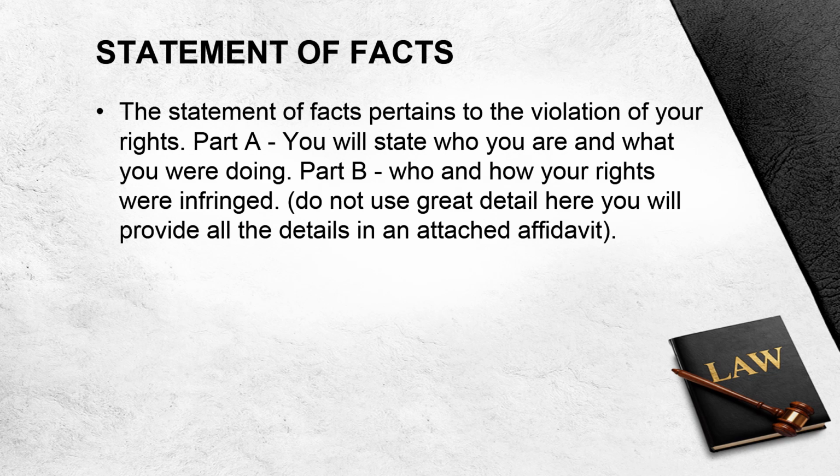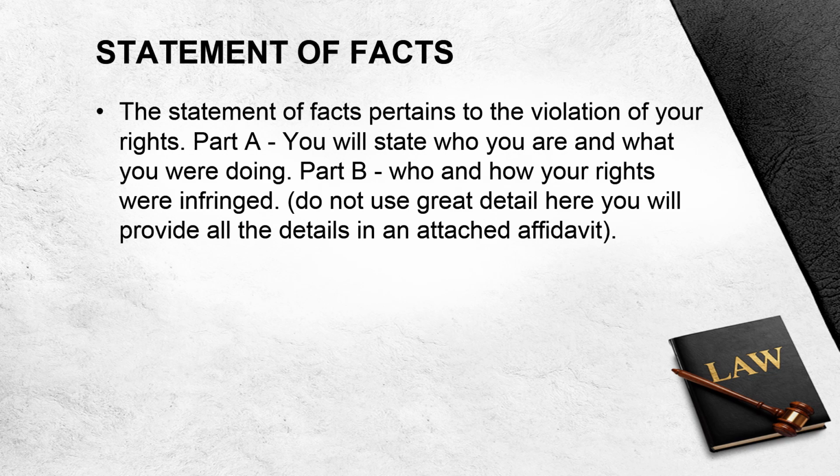However, the statement of claim is basically a story, a statement of facts, and that's the first thing that you do. The statement of facts pertains to the violation of your rights. You will typically state who you are and the circumstances surrounding the event, like what you were doing or what they were doing.